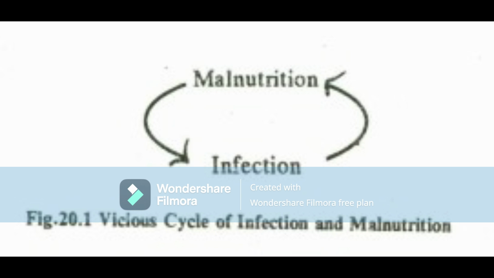This interrelationship and the synergistic effect of malnutrition and infections often lead to a high rate of child deaths in poorer communities in India. The cumulative effect of malnutrition and infection produces retardation of physical growth leading to stunting or short stature in children.